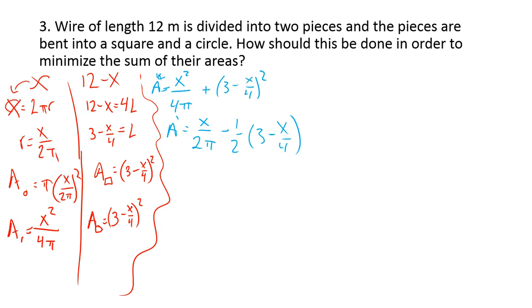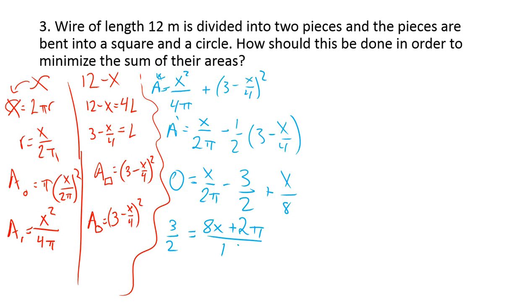And now we're going to minimize this, so we're going to try to get it equal to 0. X over 2 pi, I'm going to distribute this negative 1/2. So it'd be negative 3 over 2 plus x over 8. Move the 3 over 2 to the other side. 3 over 2 is equal to 8x plus 2 pi x all over 16 pi.